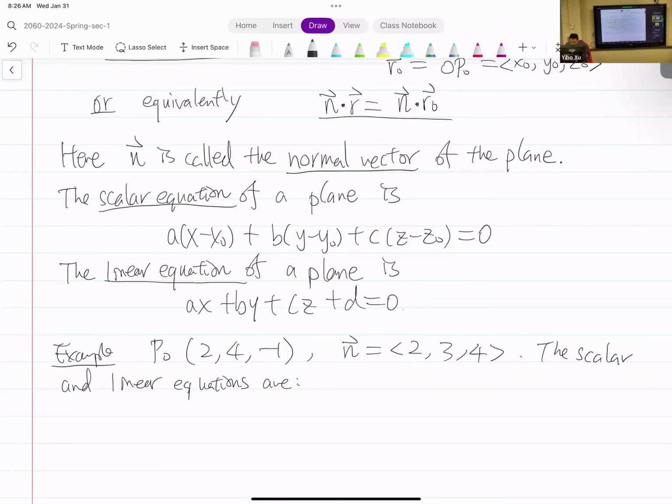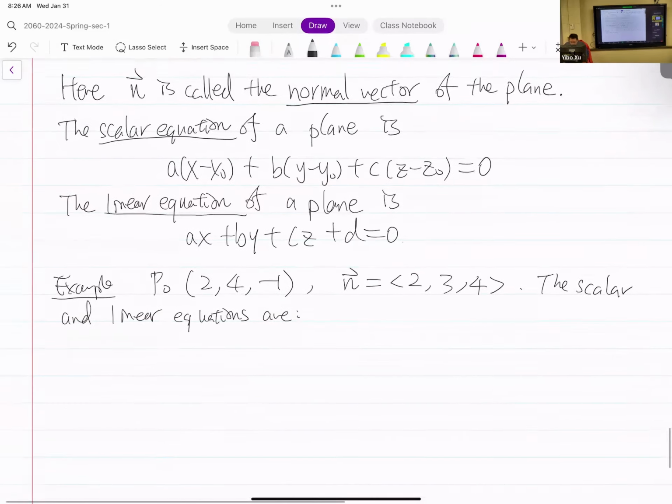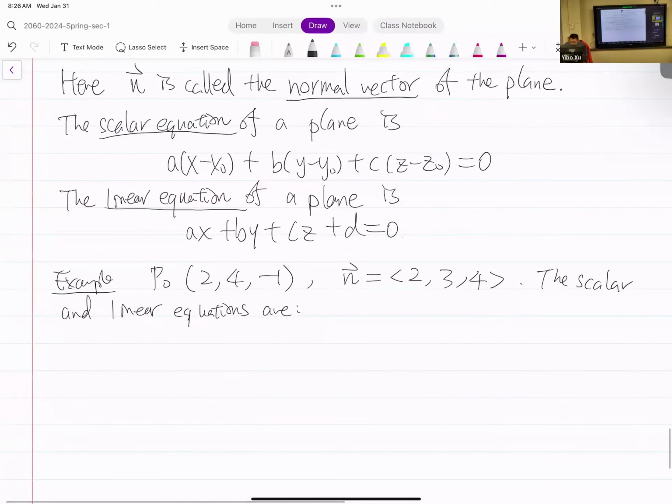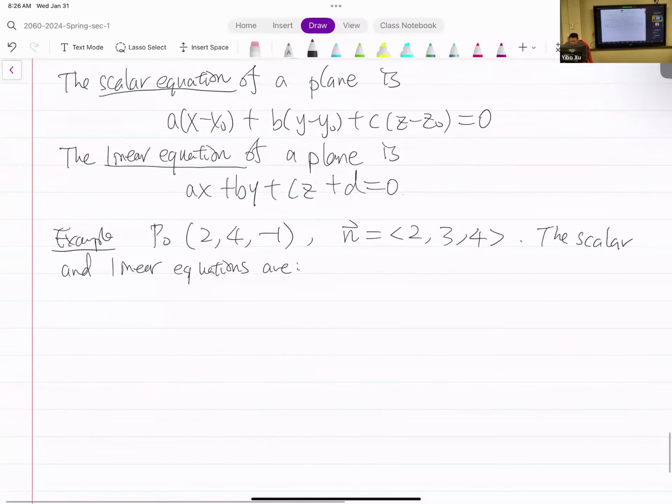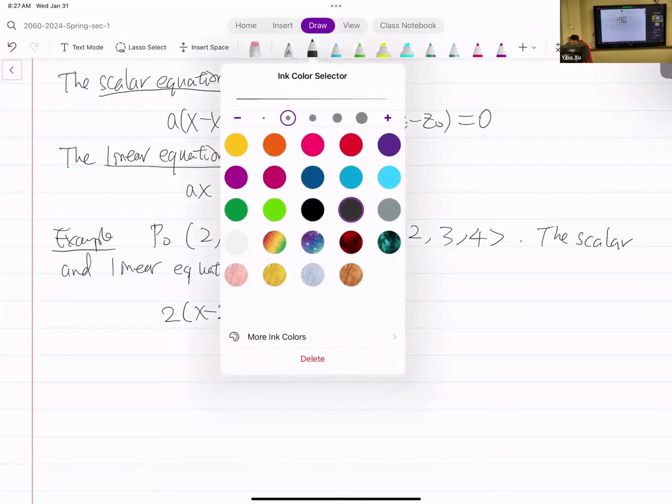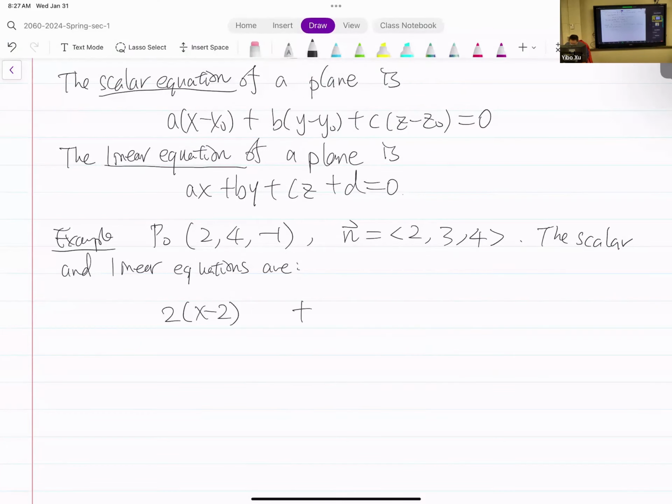Thinking about the scalar equation, n has 2, 3, 4, so that's in place of a, b, c in the top scalar equation. So why don't we put the constants a, b, c first: 2, 3, 4.